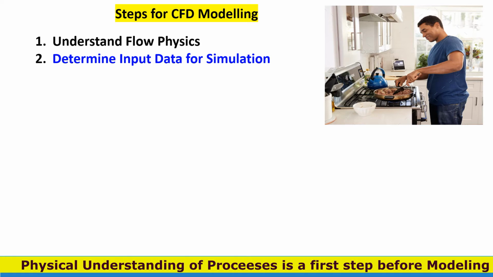If we don't have correct input data, the CFD simulation won't be correct. Hence, the first step, understanding flow physics, is important. Find out the input data like mass flow rate, temperature, humidity, and heat generated by combustion in the burner.